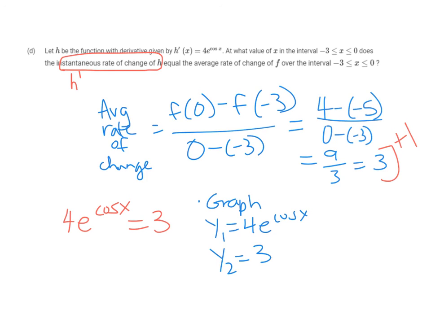The next thing I want you to do is find the intersection point between those two graphs. So please actually try this problem on your own. Make sure that you can do this. It's really important that you're able to solve an equation this way. I can almost guarantee you'll have to do this at some point on the AP test.